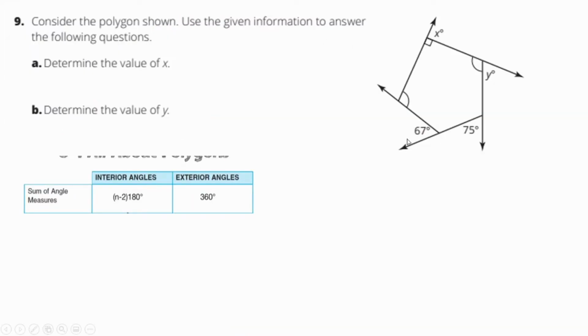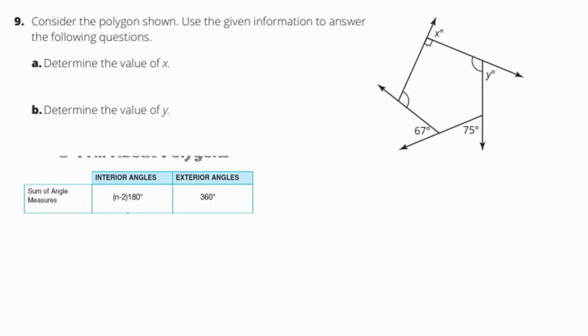Next up, now we're dealing with angles, but this isn't a triangle, and they're on the outside of this figure. The first one says, consider the polygon shown, use the given information to answer the questions. First question says, determine the value of x. Well, if we look at x, we see it right here, and right next to it is a right angle.